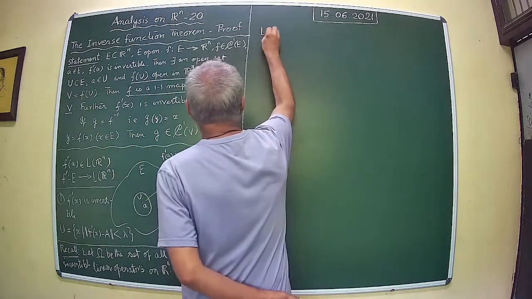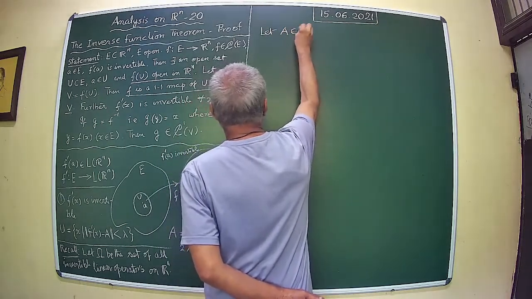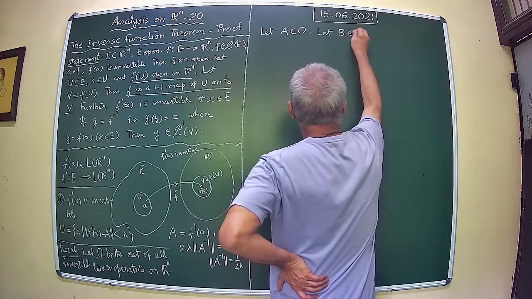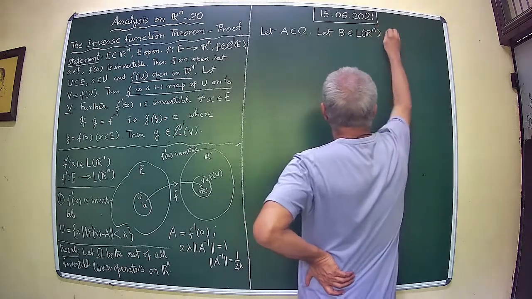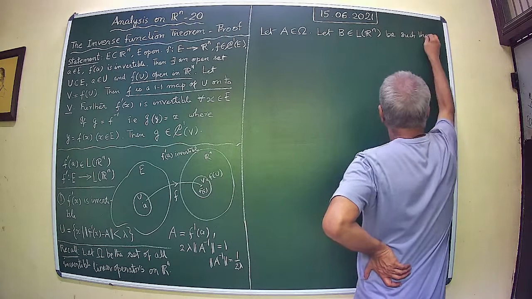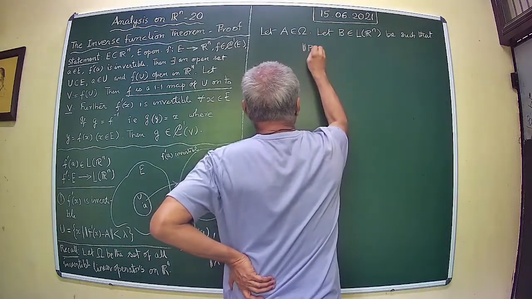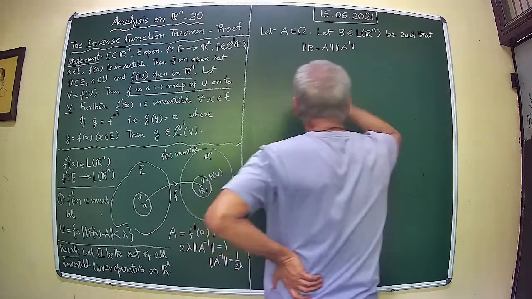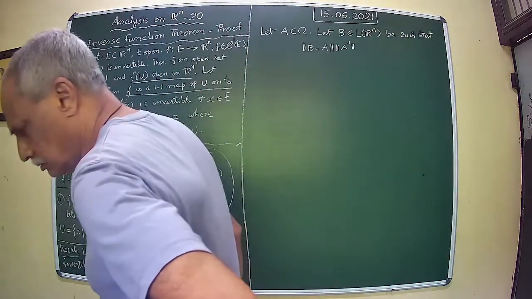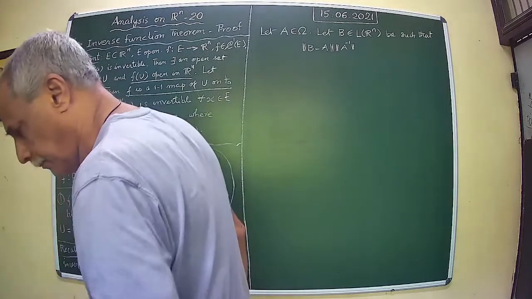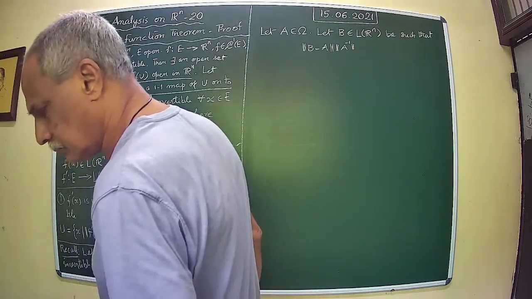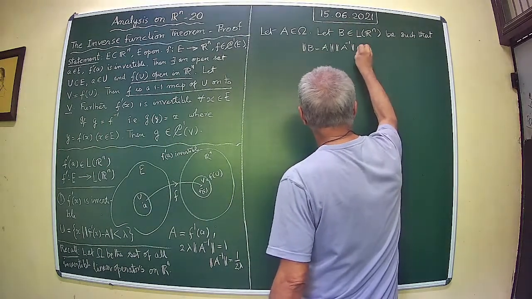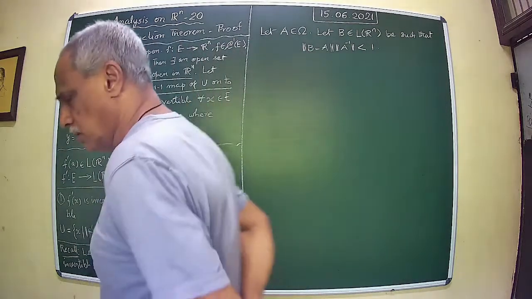Let B belong to omega such that norm of B minus A times norm of A inverse is less than 1.